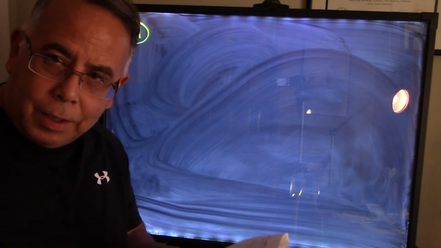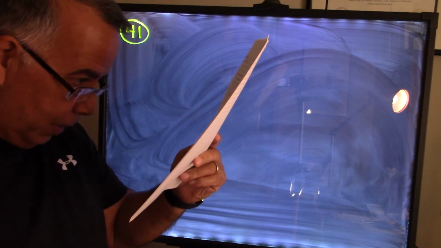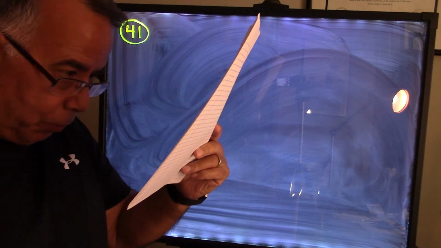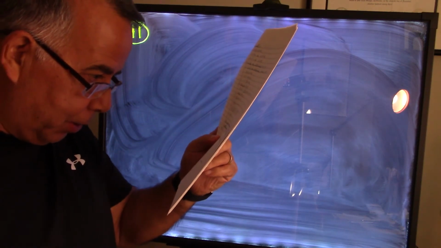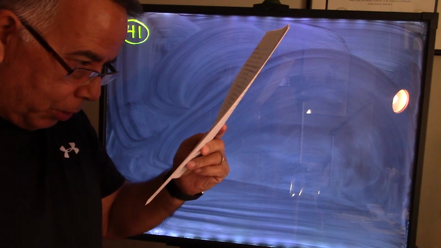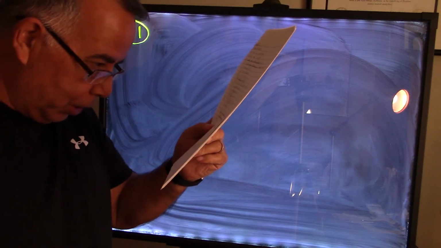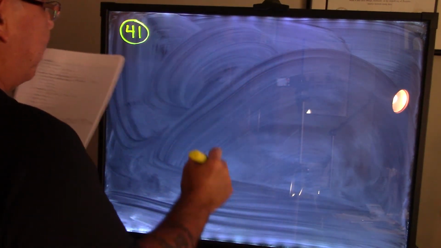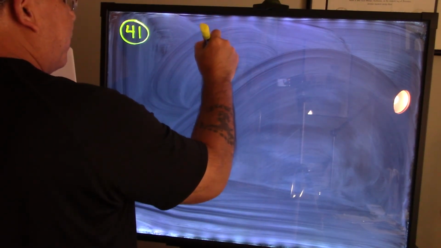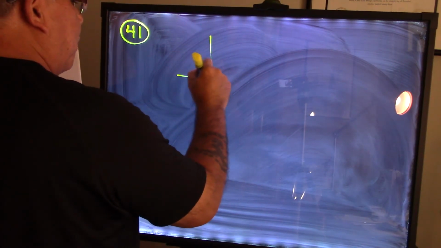Okay, number 41. Here we're supposed to use the vertical line test with these functions to determine which graph shows relations that are functions. So 41's got something that looks kind of like this.